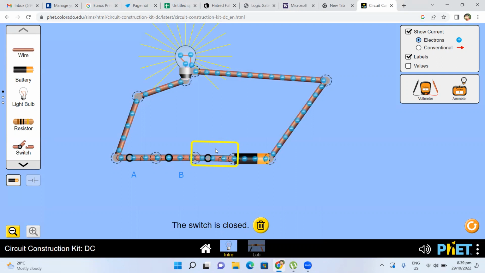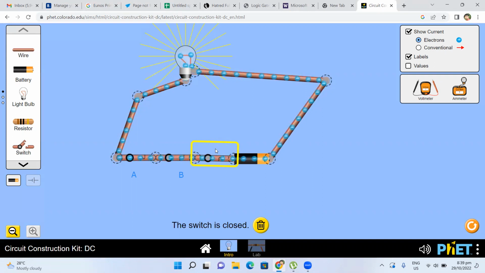AND logic is where, with serially connected switches or inputs, you need all inputs to be 1 in order to make the output 1. That is the logic of the AND gate. If all inputs are 1, output is 1. So please remember that.